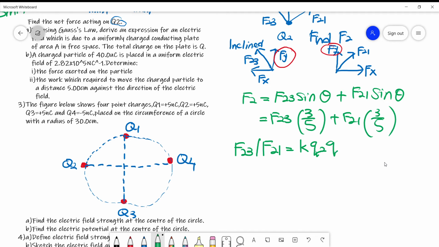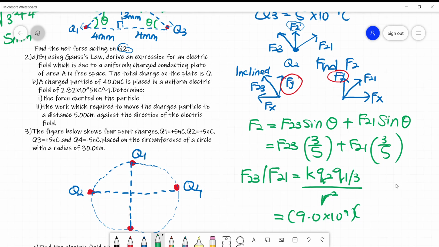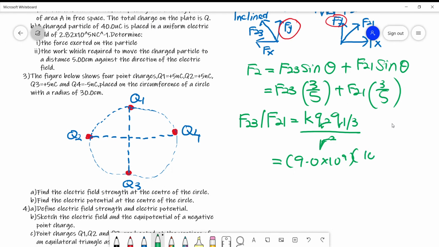So this should be Q1 or Q3 since both charges are the same. The distance between two charges on Q2 is the same as well. My k is 9.0 times 10 to the power of 9. My Q2 is actually 10, if I'm not mistaken. Okay, so this is 10 times 10 to the power negative 9.